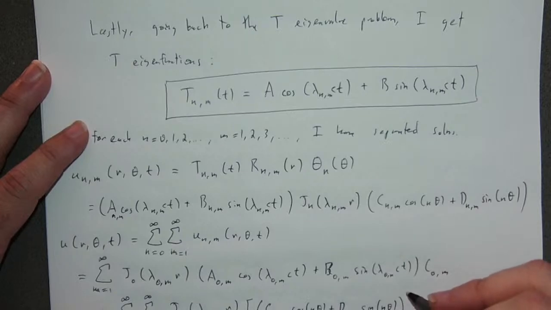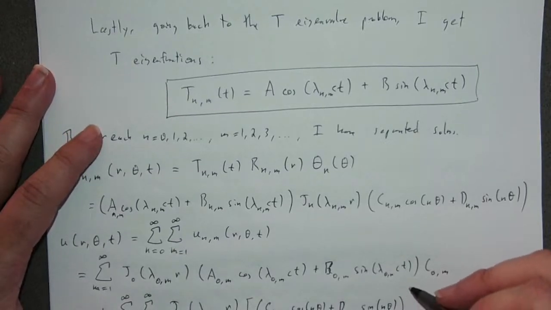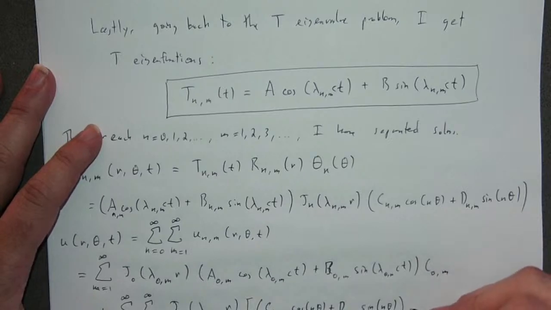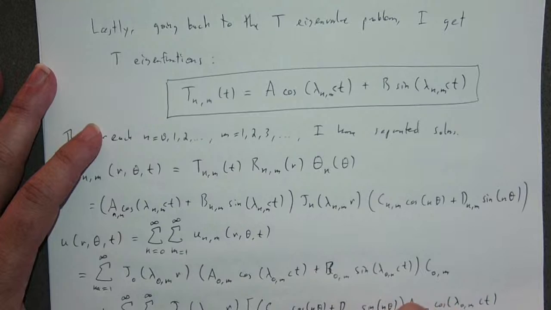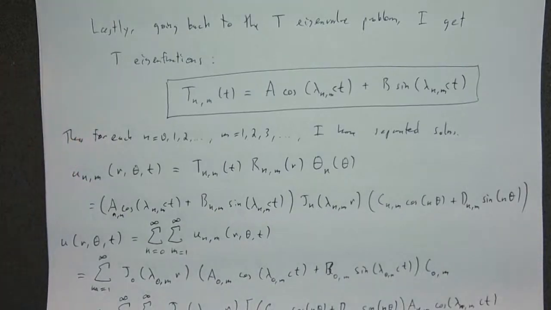So that's times a sub nm cosine of lambda 0 m ct plus c sub nm cosine n theta plus d sub nm sine n theta times b sub nm sine of lambda, sorry, not 0, this is nm ct.